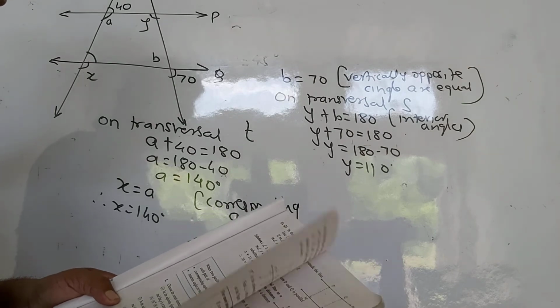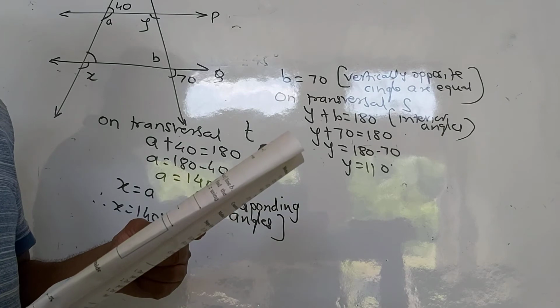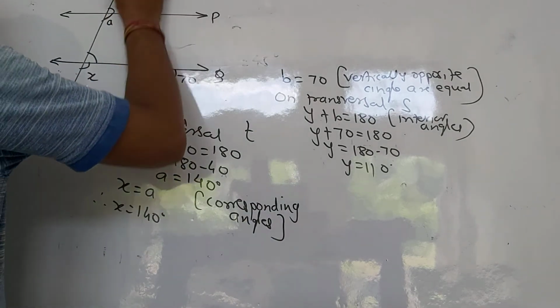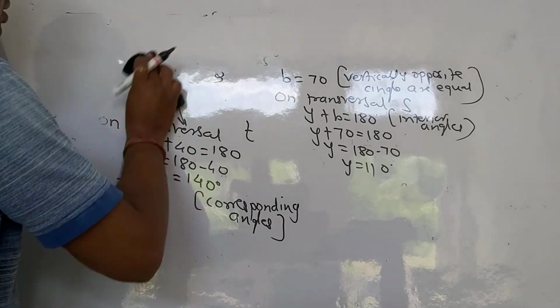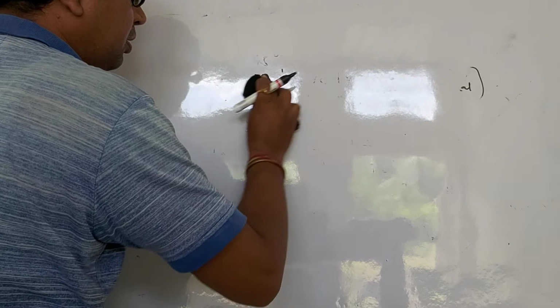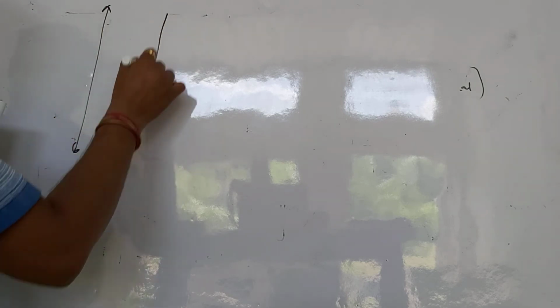Next we will see question number 3. Two parallel lines are there. I will draw the figure.